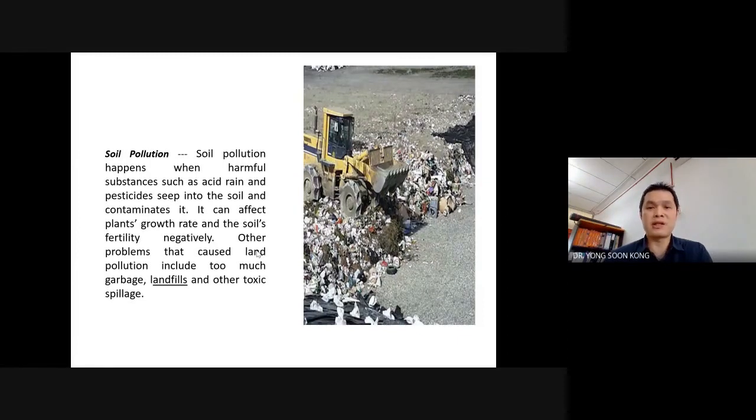Where does the soil pollution come from? Although for the majority of them you want to blame human activities, I would say the pollution happens due to human negligence. Negligence means kecuaian in bahasa Melayu. That means they knowingly know the potential hazards of their actions, but sometimes due to some other reasons, these pollutions still happen.